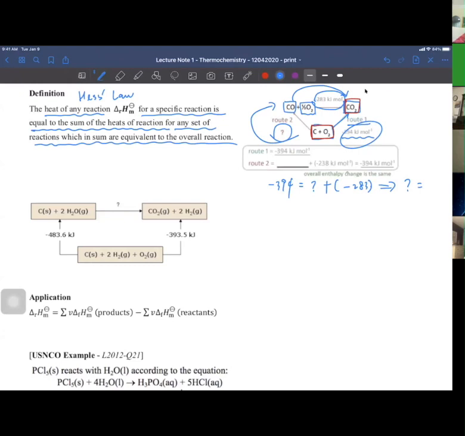Makes sense. And the second step is also exothermic because that is the combustion of carbon monoxide, right? So you can finish the calculation by yourself. And then I will leave you a question here. Can you guys calculate the question mark quickly? You may need to pay attention to the direction of the arrows.